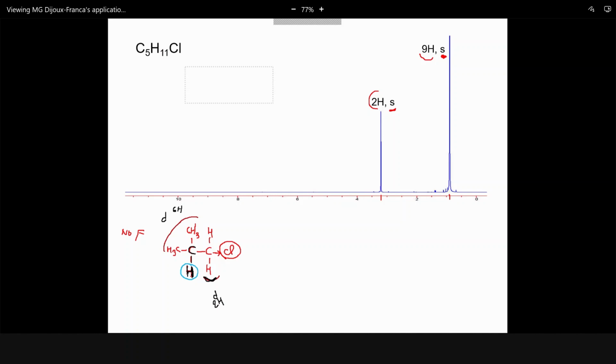Here on the carbon beside, we have an extra hydrogen, right? So here on the spectrum, we should see a doublet for the CH2, and here we should have a doublet also for 6 protons.